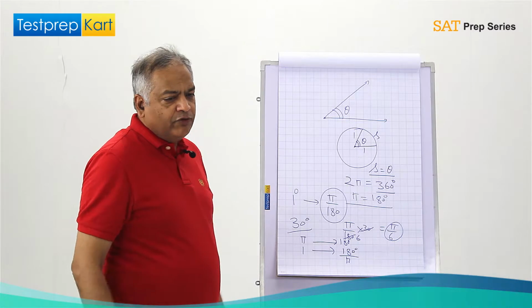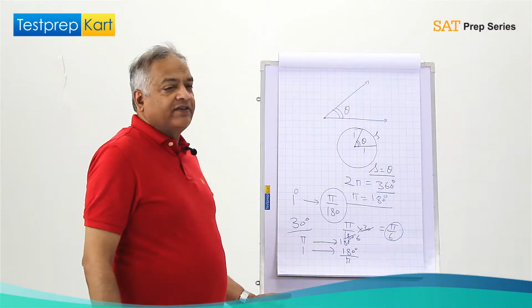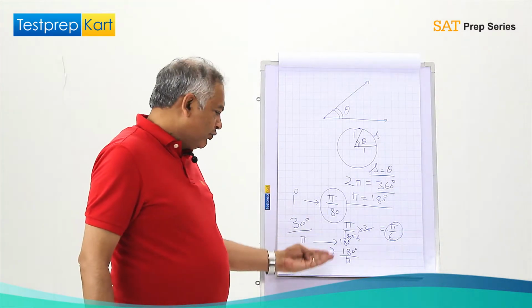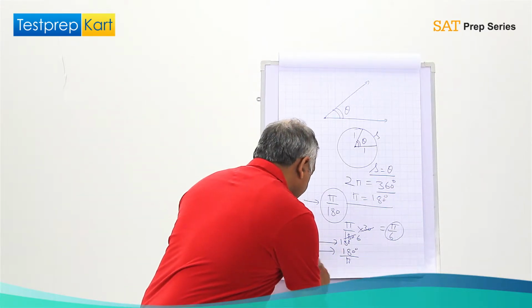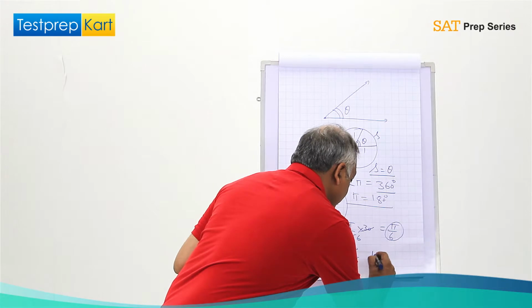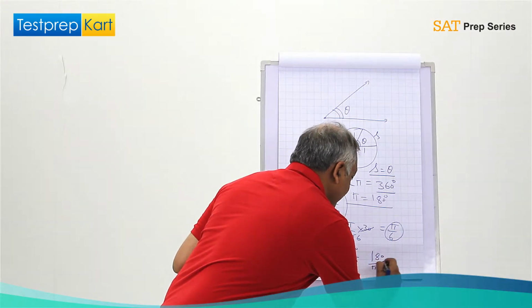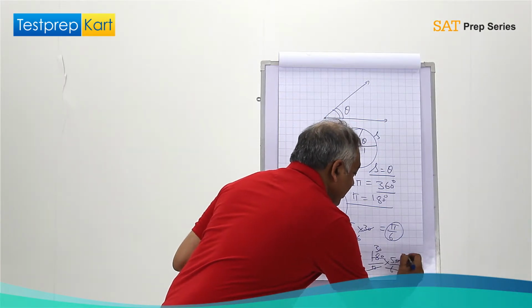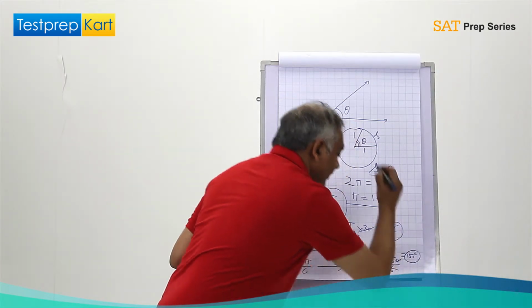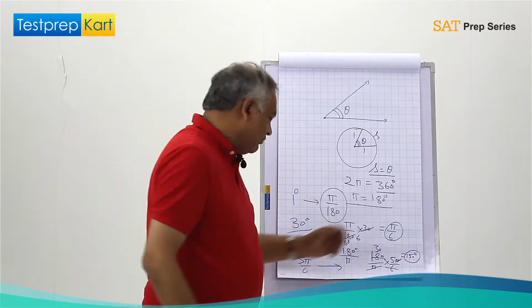For example, if you have 5 pi by 6 radians, I have to convert it into degrees. So, what you do is 5 pi by 6 will be equivalent to 180 by pi into 5 pi by 6. Pi you can cancel with this, 6 will be 30. So, total will be 150 degrees. Therefore, 5 pi by 6 is 150 degrees.